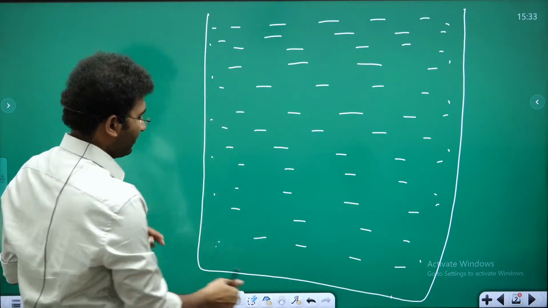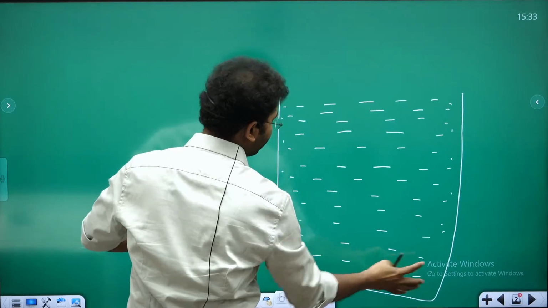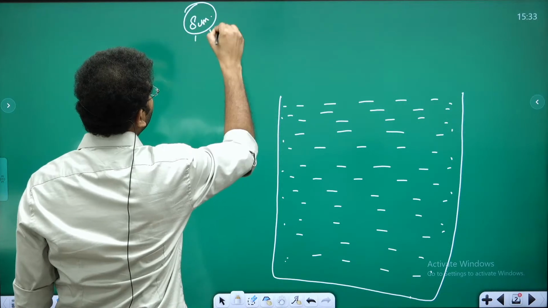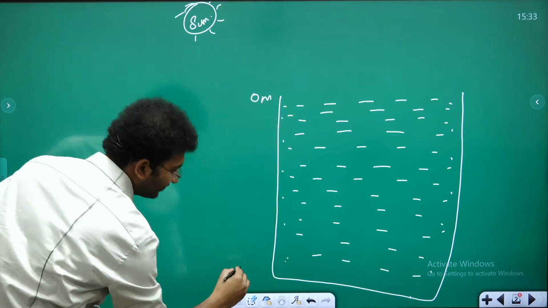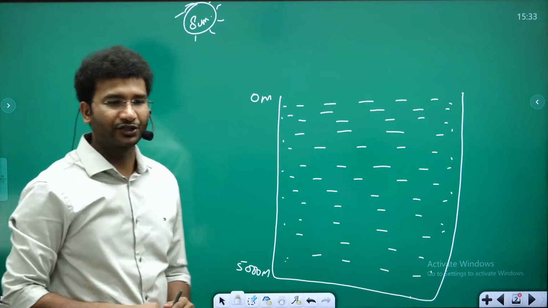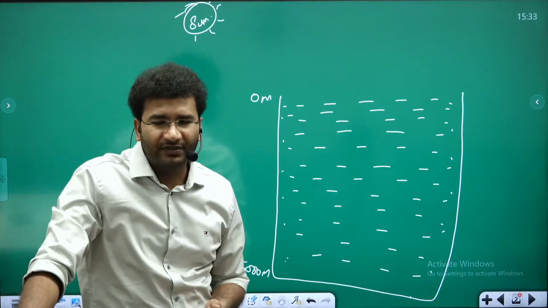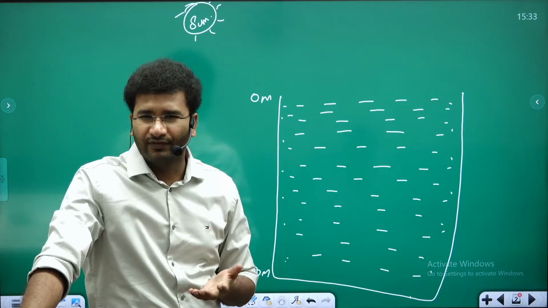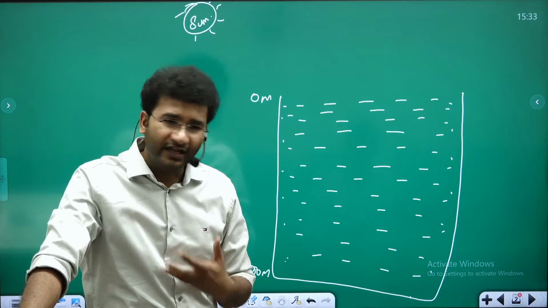Firstly, broadly speaking, imagine that you have sunlight, right? ये है आपका 0 meters at the ocean and this is near about 5000 meters मान लो, depth of the ocean. Now there is sunlight. To what depth can the sunlight penetrate into the oceans? Maximum of 200-300 meters. उससे ज़्यादा तो sunlight penetrate नहीं कर सकता.